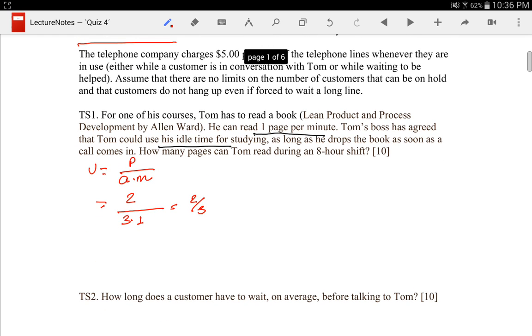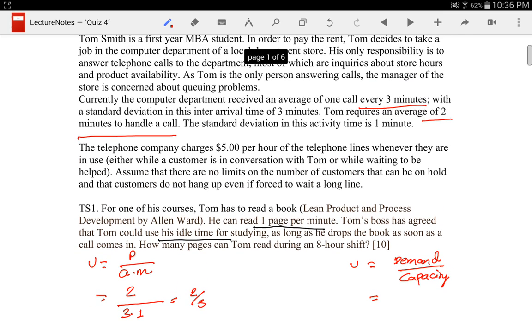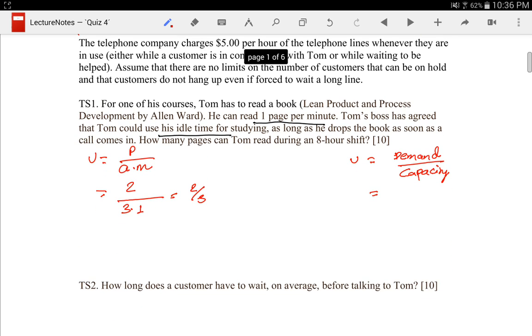If you want to find utilization by a more traditional method, utilization is demand divided by capacity. Demand is, given that 1 call arrives every 3 minutes, 20 calls per hour. You could have done this per minute too, but the hours calculation is a lot easier.